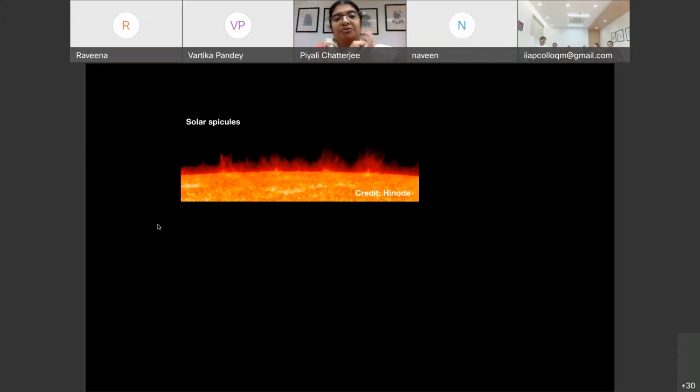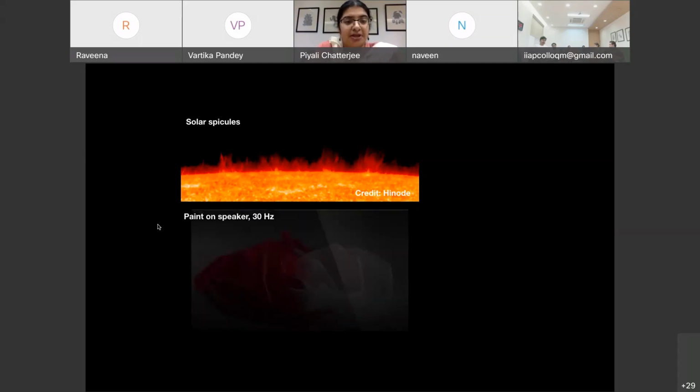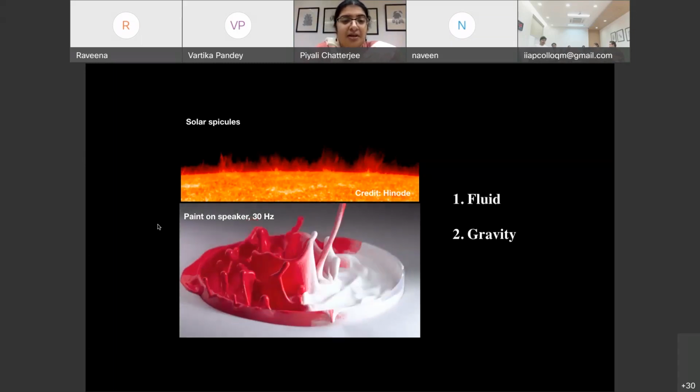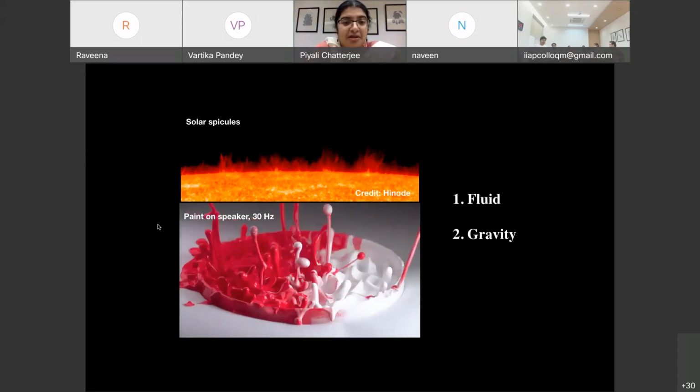The lifetime of these jets is about 9 to 10 minutes, and they can go as high as 15 to 20 megameters. But on average, the height will be lower, maybe around 7 megameters above the visible solar surface.